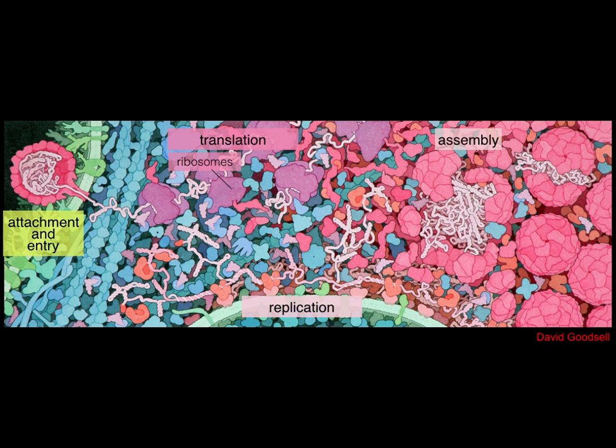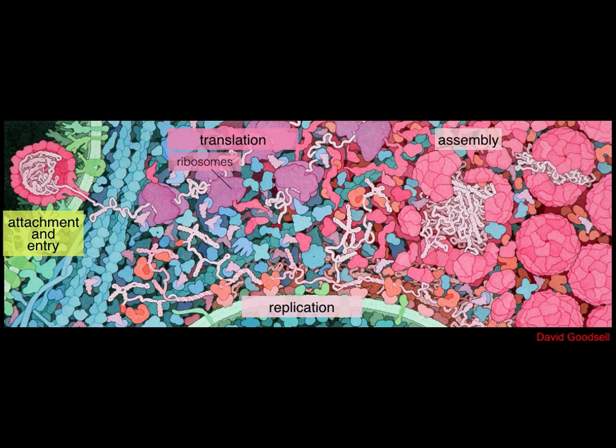This is a process we call assembly, and you can tell here the RNA is kind of twisted. It's a single-stranded molecule, but it has complementation between different pieces of the sequence, so it has a lot of secondary structure. We depict the genome as a line, but it's actually more like a ball of yarn.